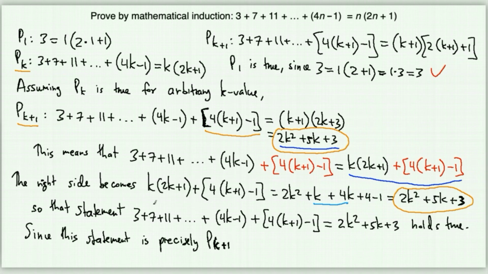Because we showed that this left side is equal to the right side, like we assumed in the beginning, but we showed it to be true through algebraic manipulations. So since the statement is precisely Pk plus 1, by the principle of mathematical induction, Pn holds true for all n.